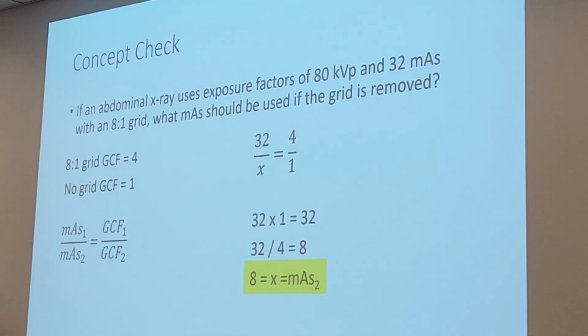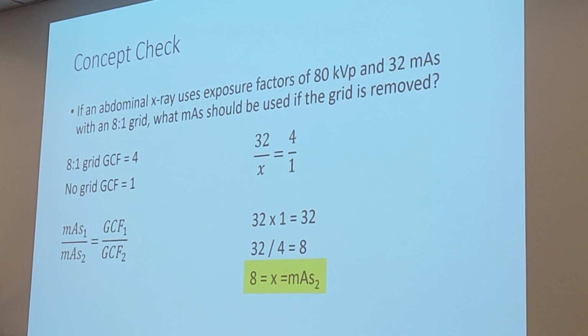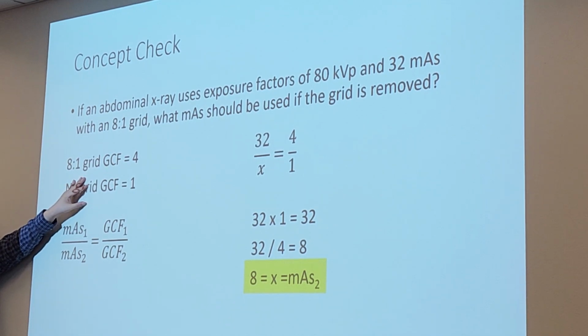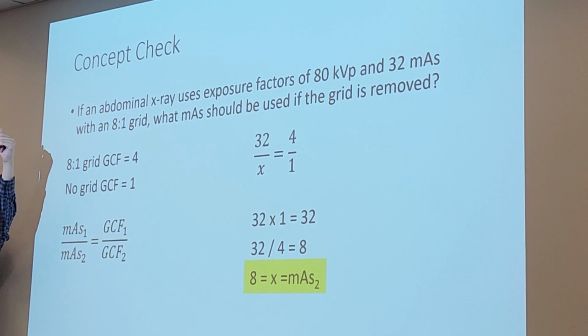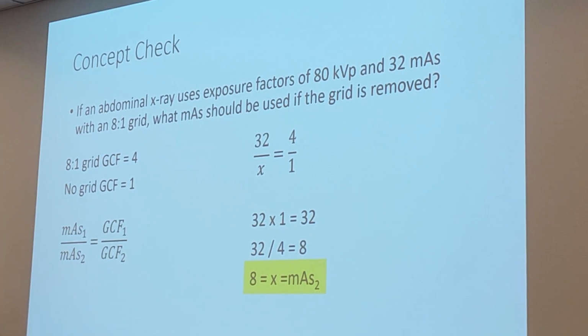Because we're taking away the grid, there's nothing absorbing the X-rays anymore, so we don't need as many X-rays anymore. So this is directly related. If the GCF goes down, the mass goes down. If the GCF goes up, the mass goes up. Directly related.